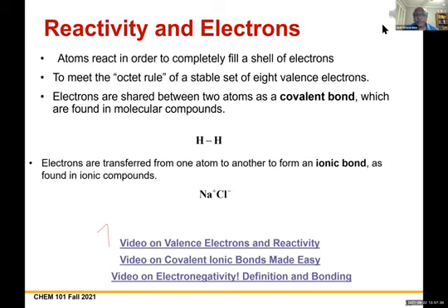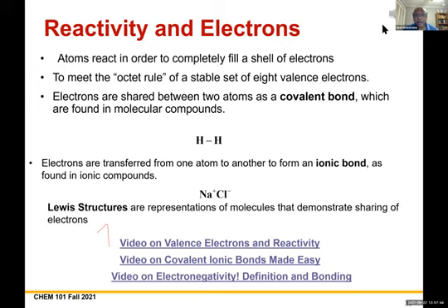Sodium chloride is an ionic compound. Sodium is a metal. Chloride is a nonmetal. They produce ions, cations and anions, which are held together by electrostatic attraction, which is the basis for ionic compounds.